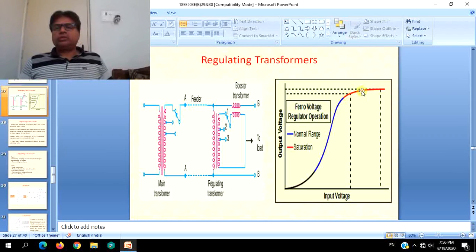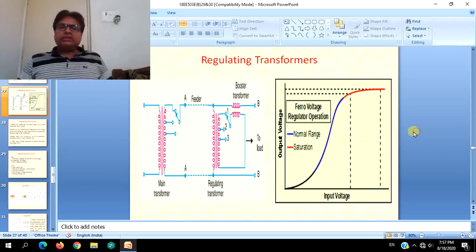So during the saturation region, even for a very high change in voltage, the change in output voltage will be very less. So even if there were a high spike, a high change in magnitude coming out of the supply source and entering the primary of the regulating transformer, even for a very large change in the voltage, may it be more than the actual or less than the actual, that change will not be felt in the load, or the load will be getting its usual waveform.